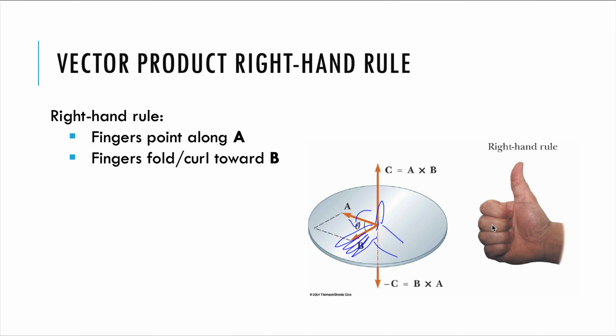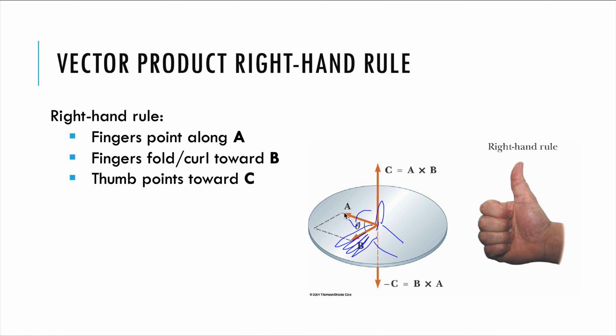I always learn to fold the fingers, so you're folding them this way. This picture curls them, whatever you prefer, but I had them straight along A, and I just folded them towards myself, towards B. When you do that, then your thumb is going to point towards C, where C is the cross product. So you see that in order to fold my fingers towards B, towards me, my fingers had to point up, right?